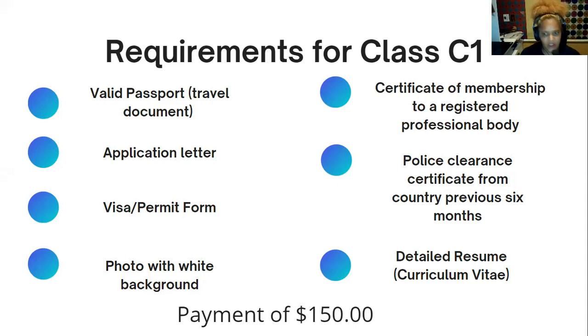I've had people ask me, oh, I'm a photographer. Well, usually there's either a photographer union or maybe a press or something like that. And so this is one of those wonderful times that you can actually call them and get detailed information. But as long as you have a certificate of membership that shows that you work in a different capacity and you can receive income by doing that capacity, you should be okay.